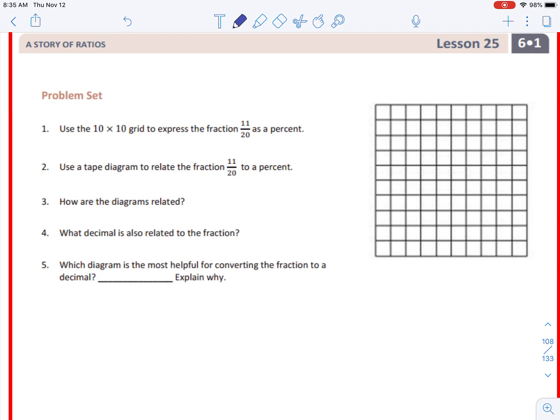So it says use the 10 by 10 grid to express the fraction 11/20ths as a percent. So I have 11/20ths, okay? I need to show this on the 10 by 10 grid, which has 100. So we have to put this over 100 and scale up. 20 times 5 equals 100, so we have to do 11 times 5, which equals 55.